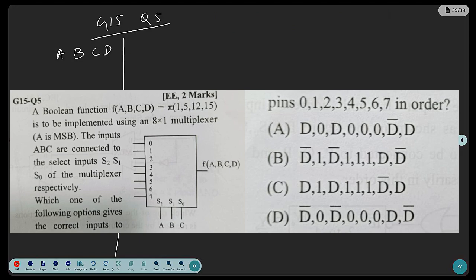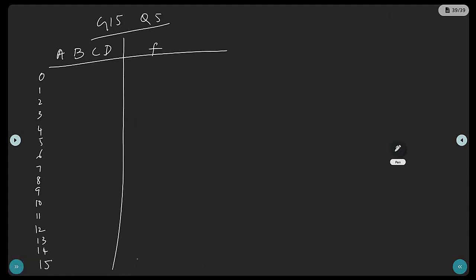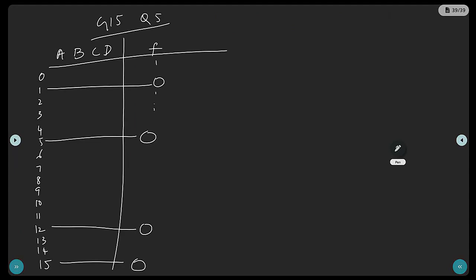A, B, C, D, F. Positions of zeros சொல்லிட்டாங்க. 0 1 2 3 4 5 6 7 8 9 10 11 12 13 14 15. So they say there is a 0 here, there is a 0 here, அப்புறம் there is a 0 here, there is a 0 here. மீதி எல்லாம் 1.